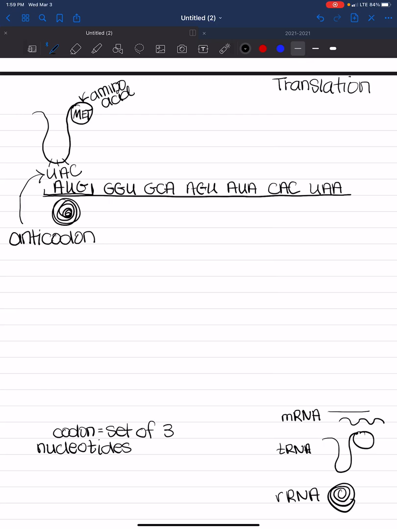Okay? The next thing that happens is that the chain is going to scoot over. So it's going to move over on the ribosome. The next transfer RNA is going to come in, and it's going to bring the next amino acid. The anticodon CCA is going to bring the amino acid glycine, so GLY.